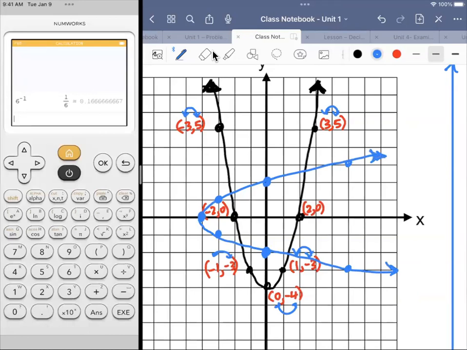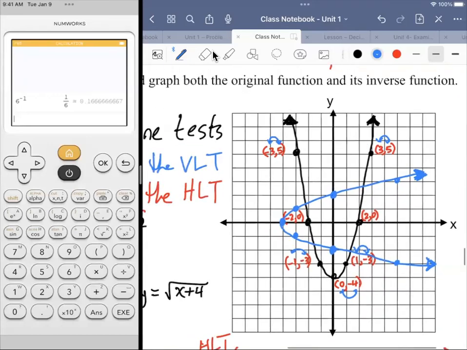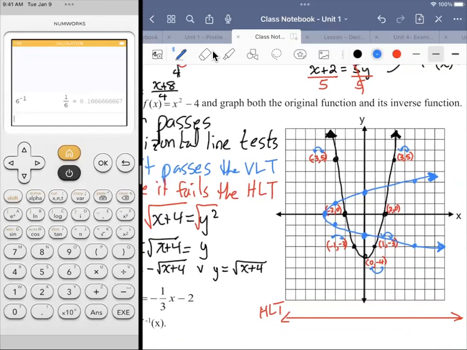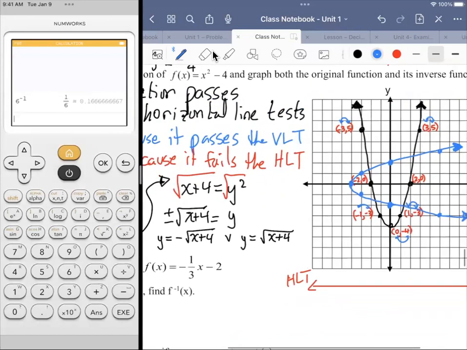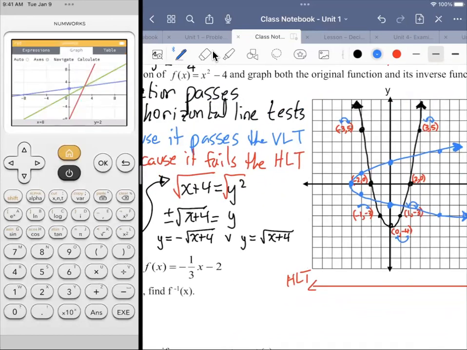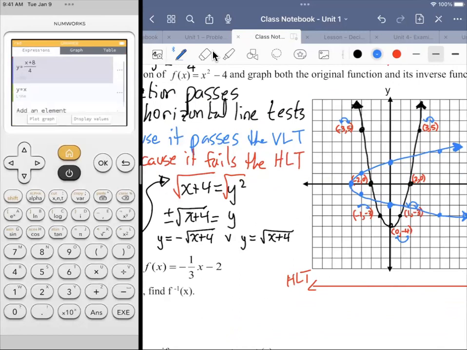Now let me show you on the calculator what this would look like. We were able to plot the sideways parabola, but I want to actually see what these 2 equations over here amount to. So in my grapher, I'll get rid of all this stuff, just wiping it all out.